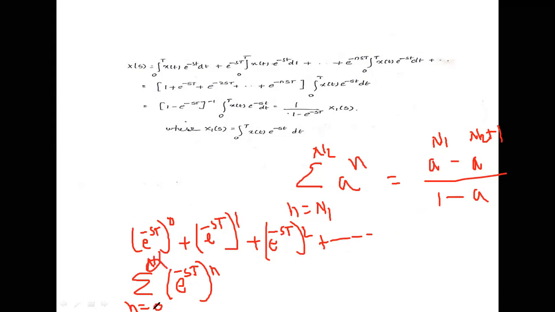Now what is the n1? 0, and n2 is infinity. What is the a here? E power minus sT whole power n.